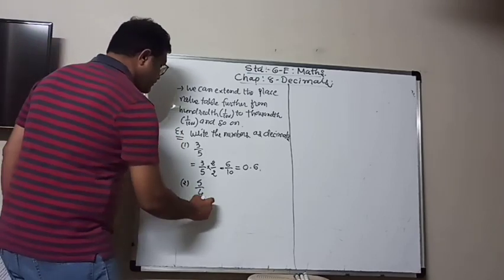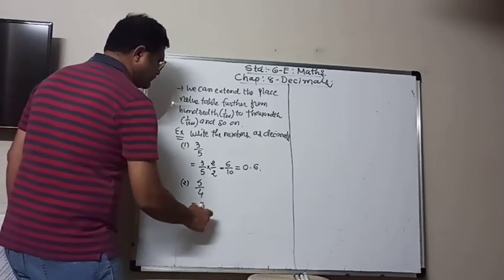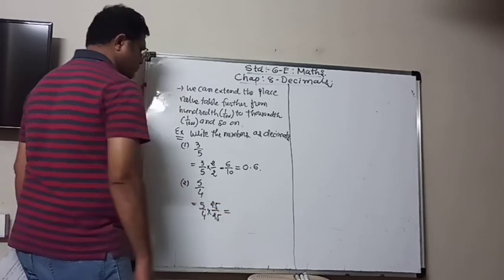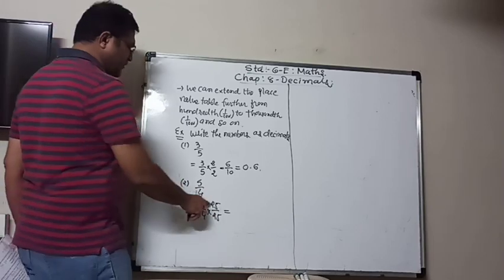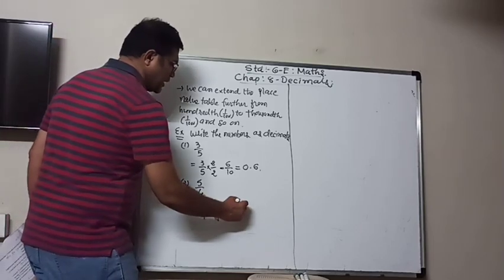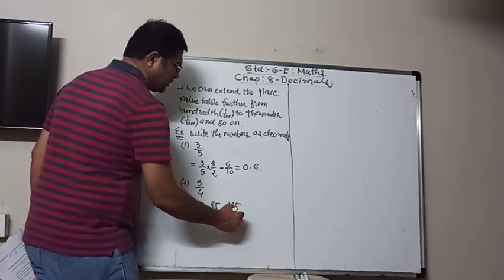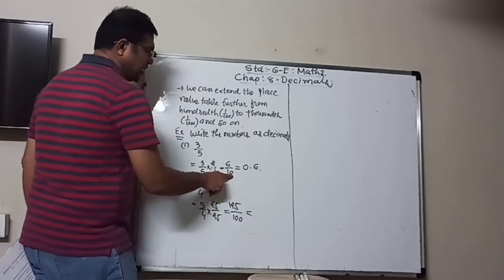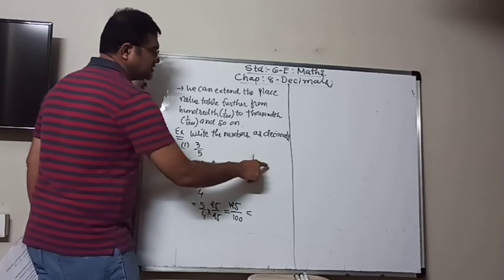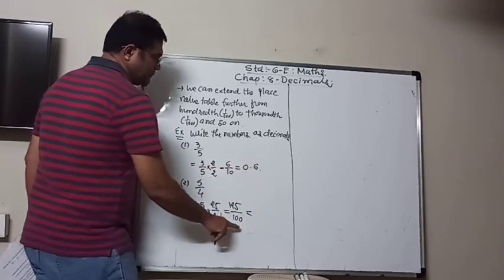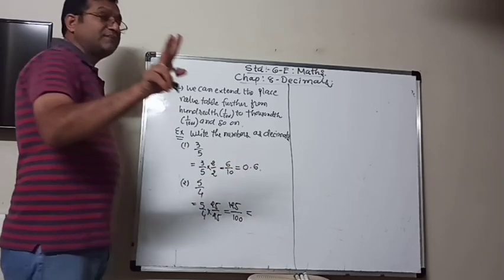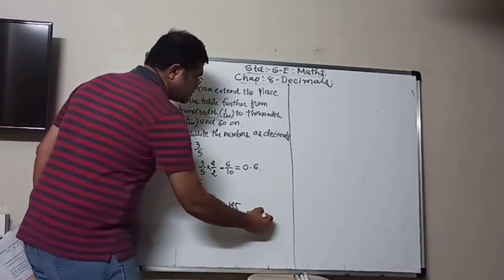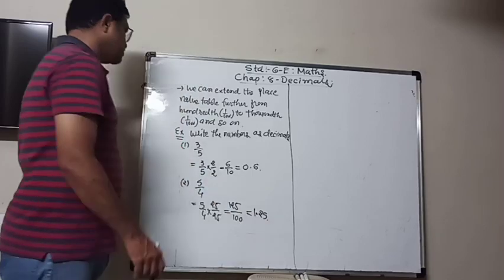So we multiply 5 upon 4 by 25 upon 25 to get 100 at the bottom. 25 fives are 125, so 125 upon 100. As there is 100, there must be two digits after the decimal point. So we write 1.25.